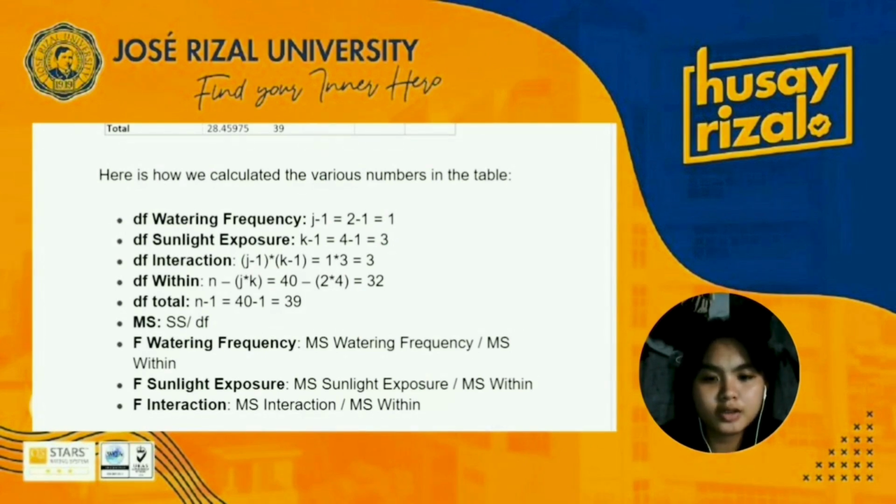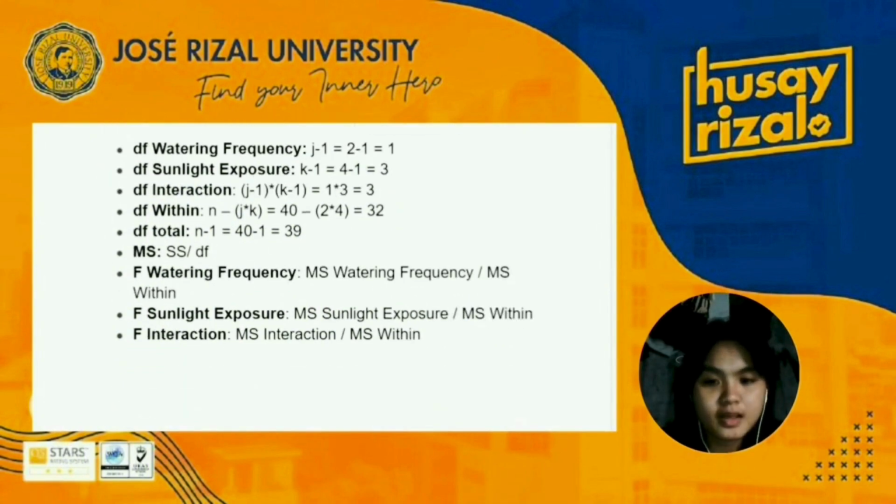DF within: N minus JK is equal to 40 minus 2 times 4, which is equal to 32. DF total is N minus 1, equal to 40 minus 1, and the result is 39.